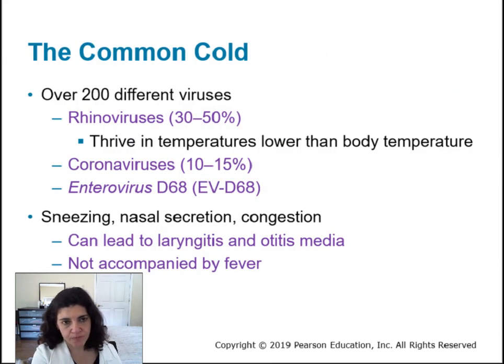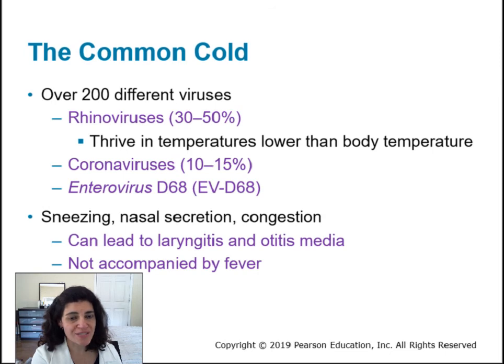Common cold. So this is the last disease of the upper respiratory system. So symptoms of common cold are what we know: sneezing, stuffy nose, runny nose, sore throat, coughing, mucus dripping down the throat, watery eyes, fever sometimes. It's not necessarily accompanied by fever, okay? Over 200 different viruses can cause common cold.